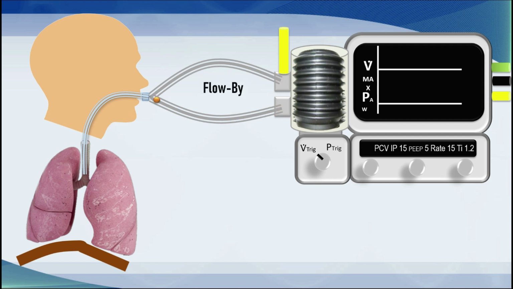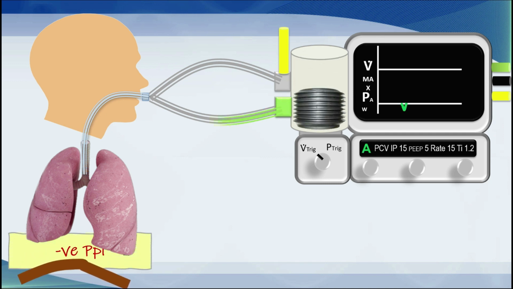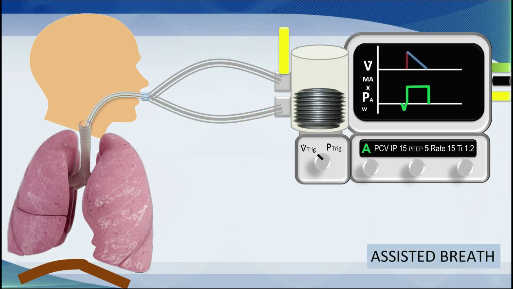We're using flow-by triggering here, and the flow-by is traveling around the circuit at 2 to 5 liters per minute. When the patient takes a breath, note the negative deflection on the pressure waveform. The flow is deflected into the patient. The expiratory flow sensor notices that the return flow has dropped off if the deflection is of sufficient magnitude, and the ventilator, as you can see, has cycled to inspiration and a pressure-limited decelerating flow breath has been delivered.